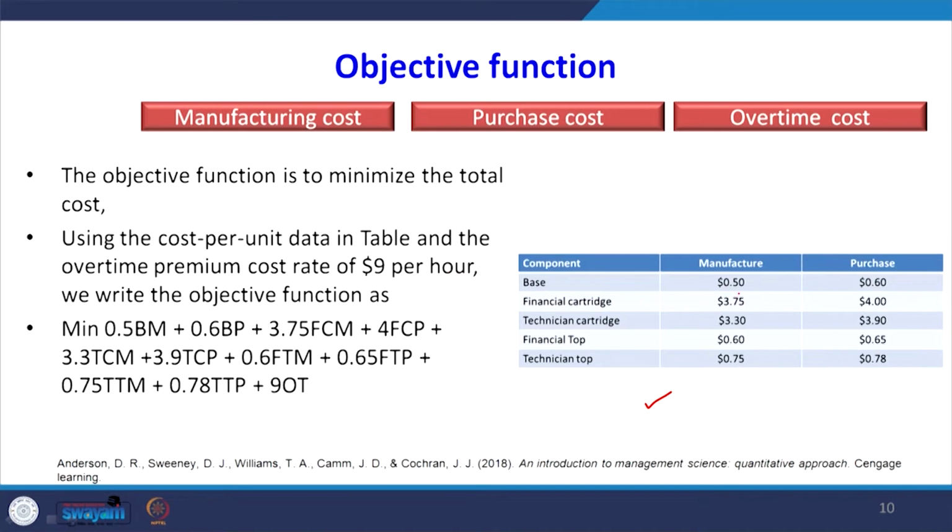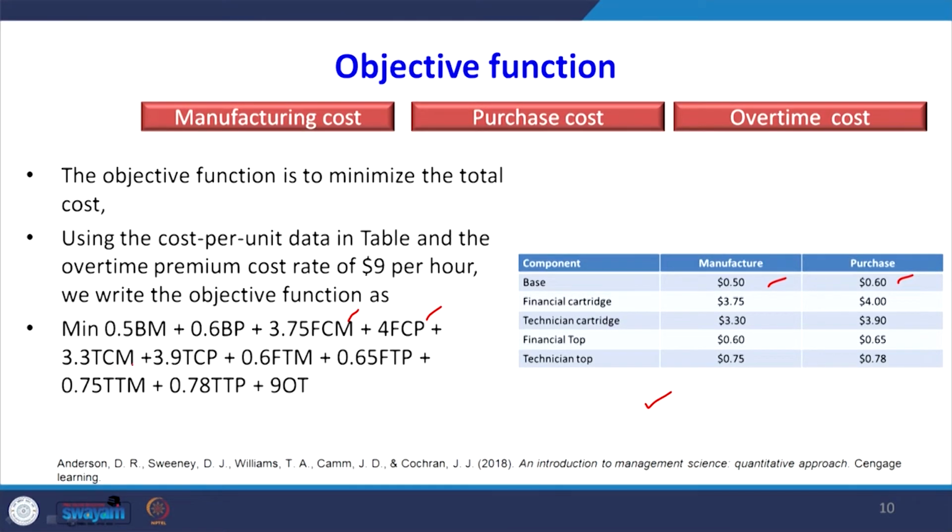So, 0.5 BM plus 0.6 BP, base for manufacturing, base for purchasing. Similarly, FCM for manufacturing, then FCP for purchasing.